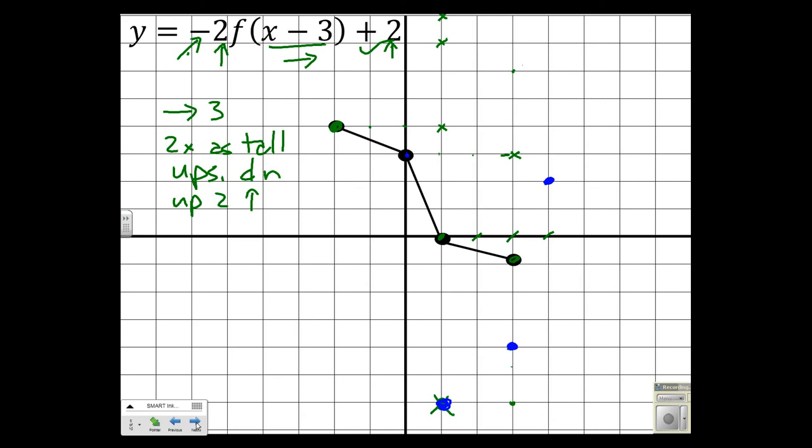From here, right 3, 1, 2, 3. I'm going to go twice as tall of -1, -2. I'm going to go upside down, +2, and I'm going to go up 2, 1, 2. So I end up with a point here. And there we have our graph that is 3 to the right, twice as tall, upside down, up 2.